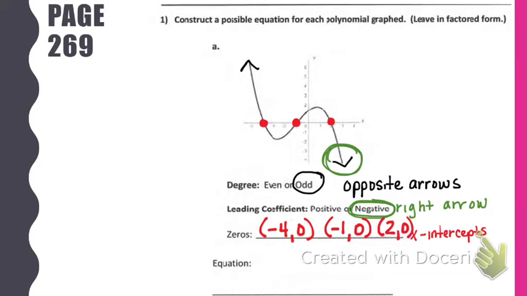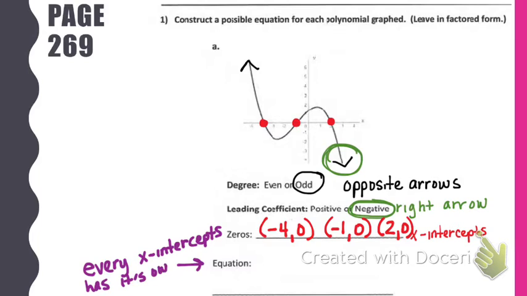So now let's write our equation. When you write your equation, every 0, or every x-intercept, has its own parentheses.